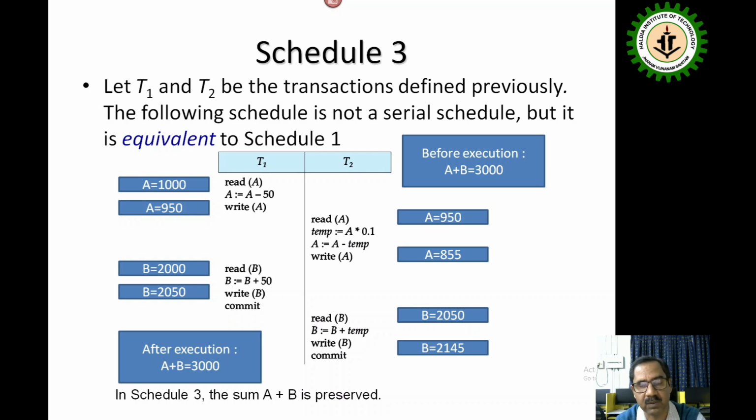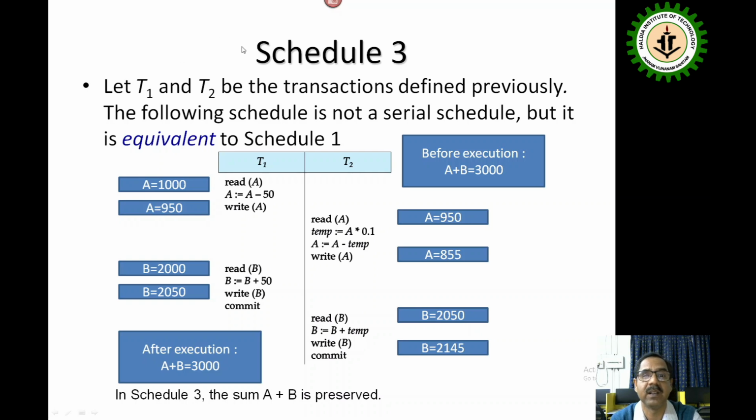We also consider rupees 50 transferred by the transaction T1 from account holder A to B, and 10% of the balance transferred by the transaction T2 from account holder A to B. So the assumptions for the transactions T1 and T2 and A, B are the same.